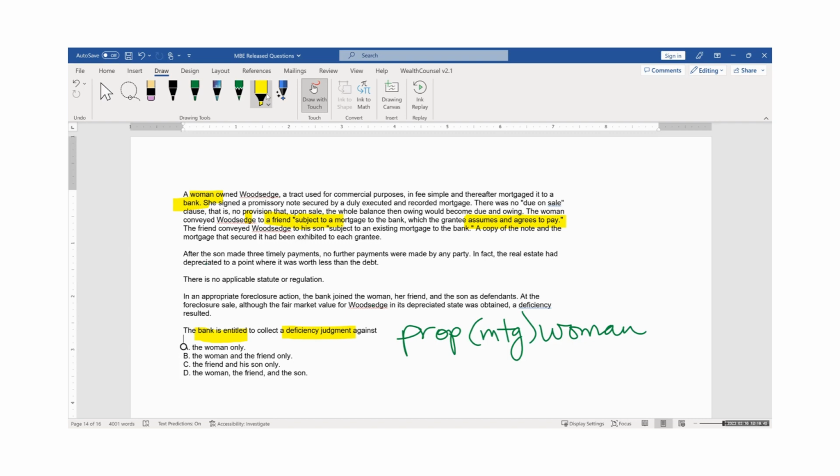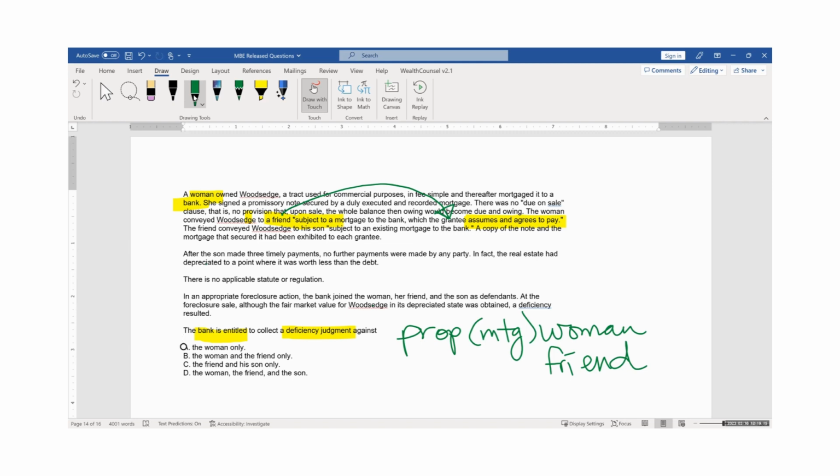That means that the friend agrees to pay on behalf of the woman for the mortgage. Therefore, now you can see that the friend, because it says the friend assumes the mortgage, agrees to pay the mortgage, the friend is liable for the deficiency, if there are any. Okay.